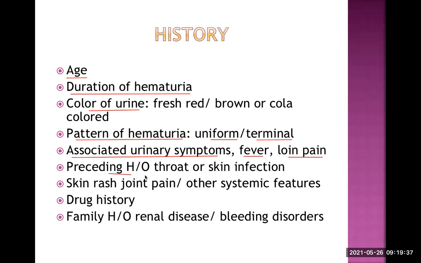Ask about the preceding history of throat or skin infection, just to find out the cause of this particular hematuria. Now we are mainly focusing on PSGN here. In post-streptococcal glomerulonephritis, 2 to 3 weeks prior, the child may have had an infection of the throat, which is known as sore throat, or pyoderma.